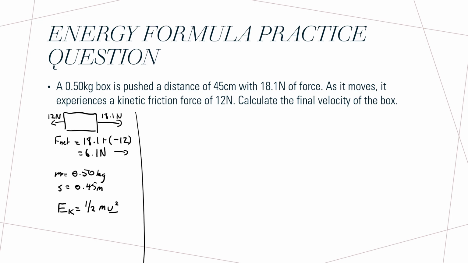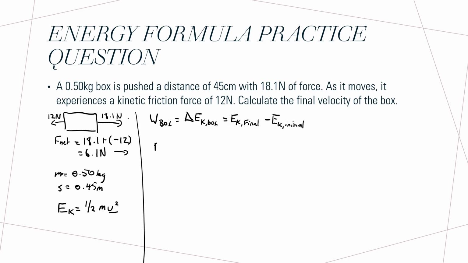Now, in order to do this, I'm going to have to look at our idea and concept of work in a little bit more detail. So a way that I can write about work is that the work done on the box is the change in kinetic energy on the box. And when we're looking at a change in anything, that's generally always just final minus initial.